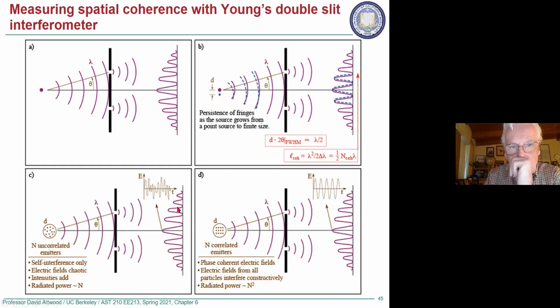So what happens here in the screen where you see the fringe pattern is you get this interference pattern, and as long as the lateral size of this thing is small enough, you'll have a nice interference pattern. You might have to put an aperture in front of it to get it, but you can get it. However, if you look at the electric field on axis, these electrons are all radiating at different phases.